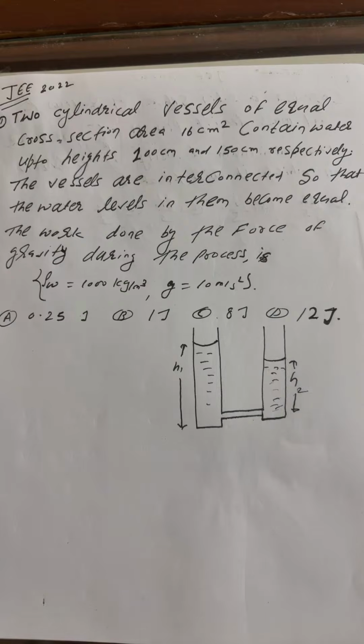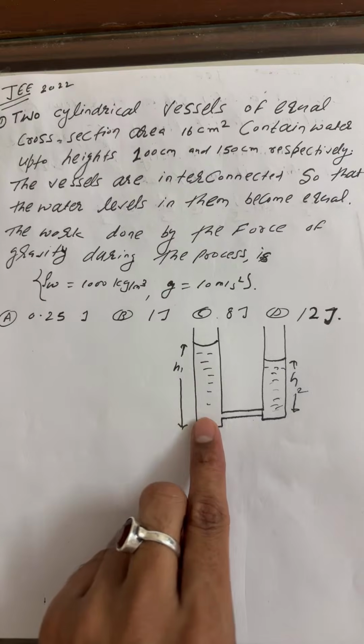Two cylindrical vessels of equal cross-section area, which is equal to 16 centimeter square.